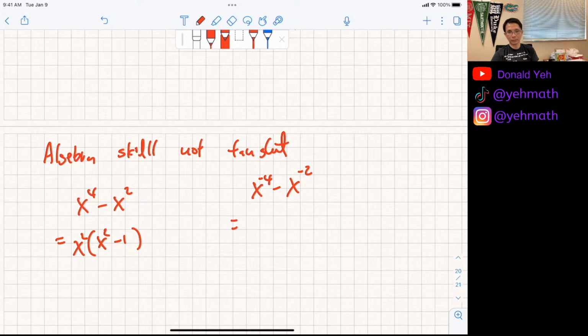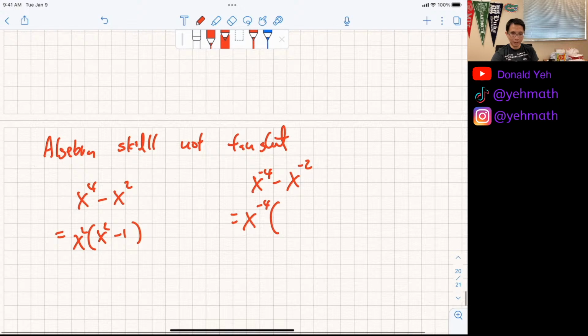Which one? Negative 2 or negative 4? Negative 4, good. But what happens if you factor out negative 4? What do you have left? Remember, this is all subtracting, right? Negative 4 minus negative 4 is going to become 0.